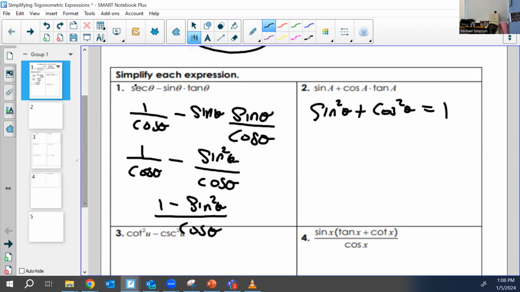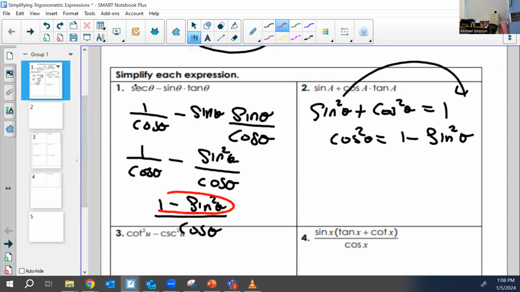If I bring over the sine squared, I can write cosine squared theta equals 1 minus sine squared theta. So therefore, I can replace this right here with cosine squared theta, so I'm going to have cosine squared theta over cosine theta.